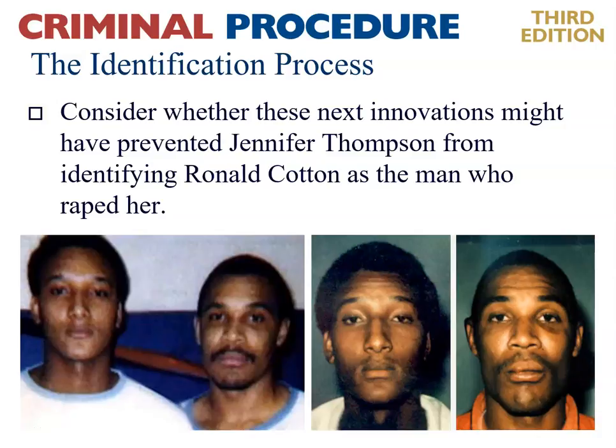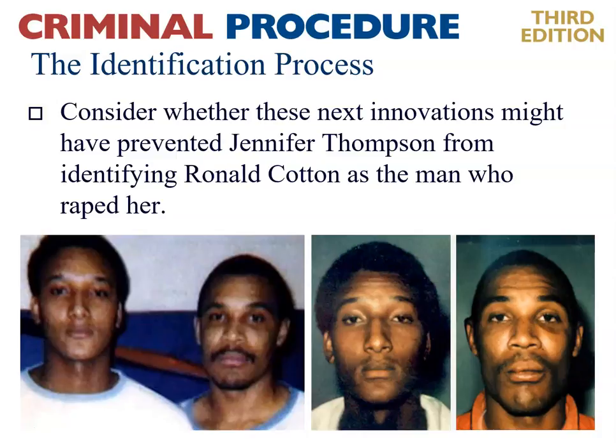If you remember, we were talking a little bit about the identification process, and the procedures that have been put in place by the U.S. Department of Justice and the American Bar Association, and some of the modifications and some of the goals.